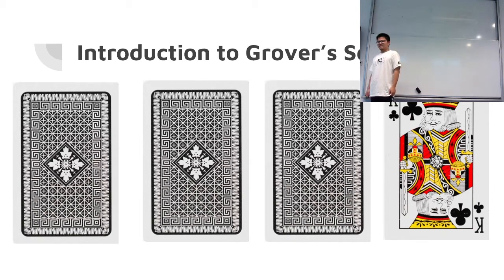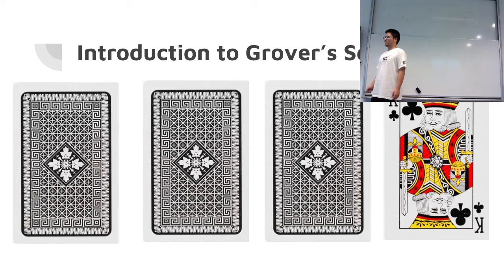There will be only one king in these 4 cards, and you want to find it. It's like drawing a random card from 4. Yes, 25% chance of finding this king within the 4 cards.